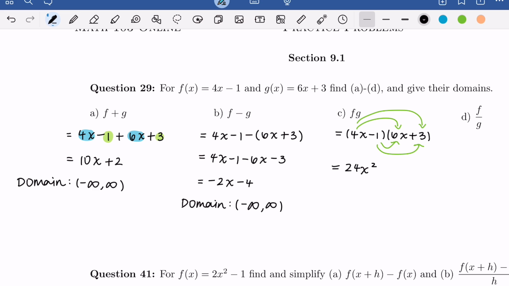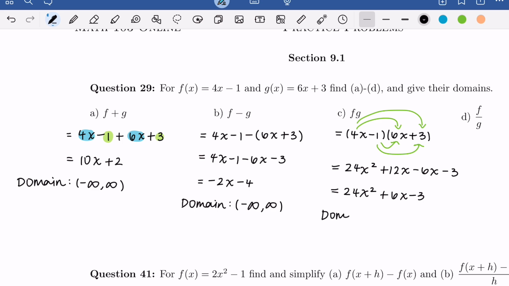Then we're going to have 4x times 3, which will give us 12x, and then minus 1 times 6x gives us a minus 6x. And then lastly, our last term is going to be minus 1 times 3, so this will give us a minus 3. So we can simplify this one more time here, because we can combine these like terms. This will give us a positive 6x, and then we have this minus 3 here.